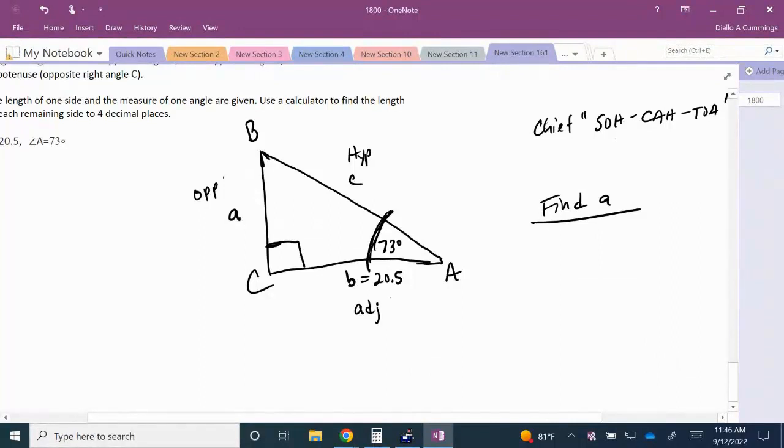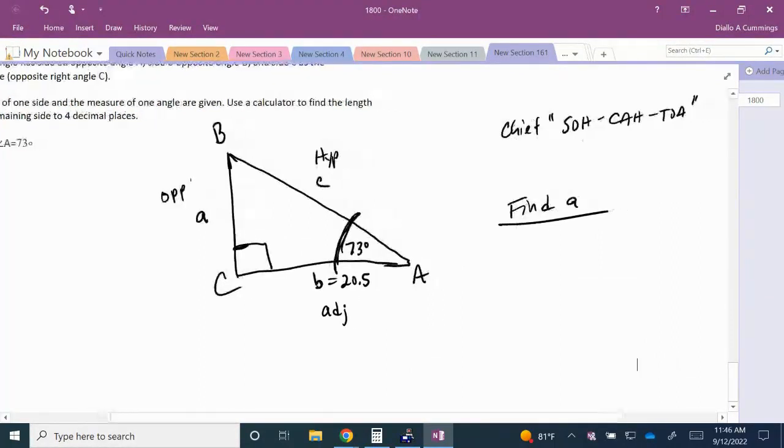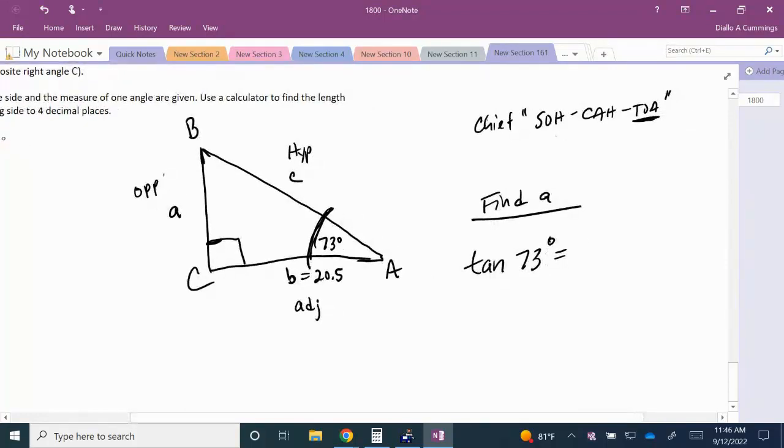So I'm going to use B, which is the adjacent. The opposite and the adjacent give me a tangent function. So I'm going to write this out as the tangent of 73 degrees. That's equal to the opposite over the adjacent. I'm going to multiply both sides by 20.5.